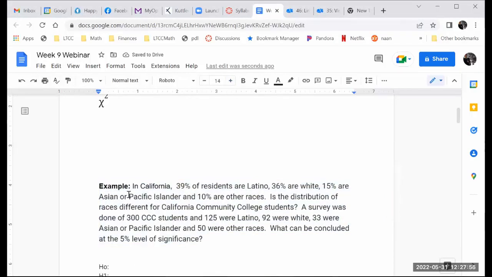Okay, so example. In California, 39% of residents are Latino. 36% are white. 15% are Asian or Pacific Islander, and 10% are other races. So is the distribution of races different for California community college students? Because one of the things we like to have at our system is we want to represent the population of California.